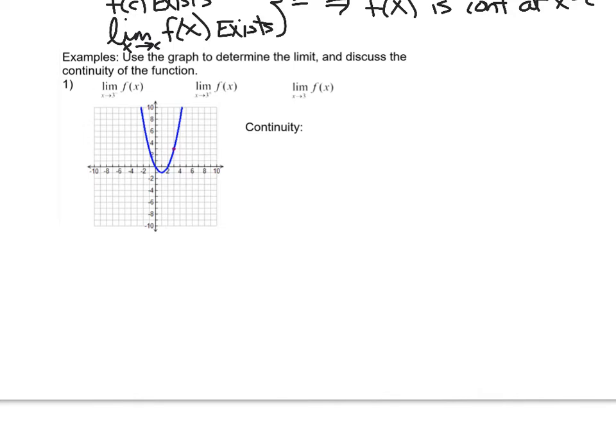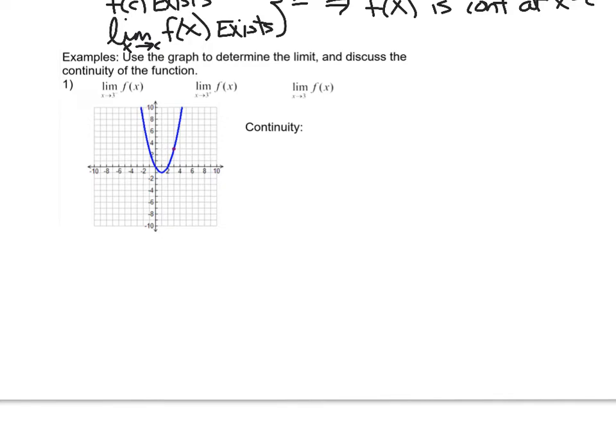So let's take a look at some examples where we want to use the graph to determine the limit and discuss the continuity. So we're going to look at all three things that we just talked about. Let's start with this picture, a graph of a parabola. You'll notice that at x equals c, we've got the point noted there.